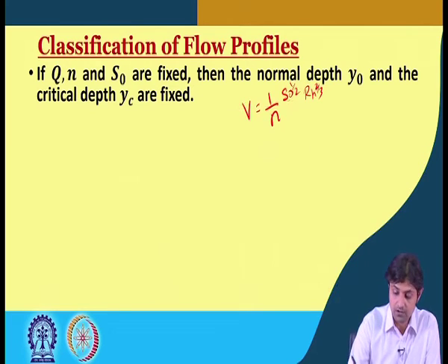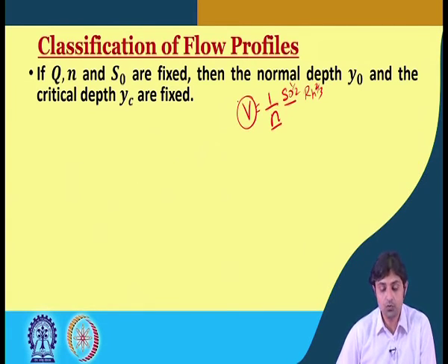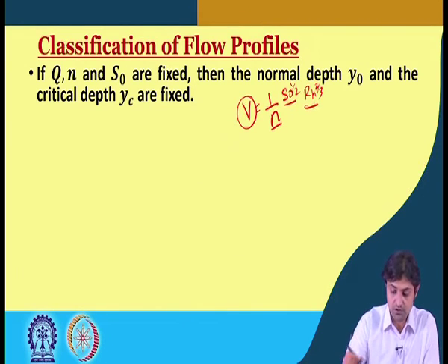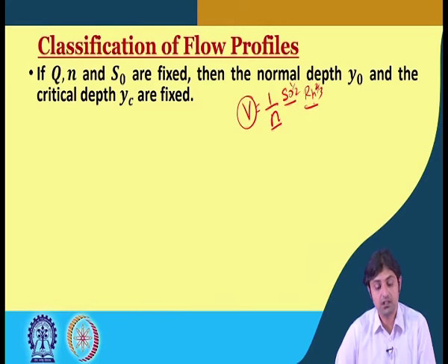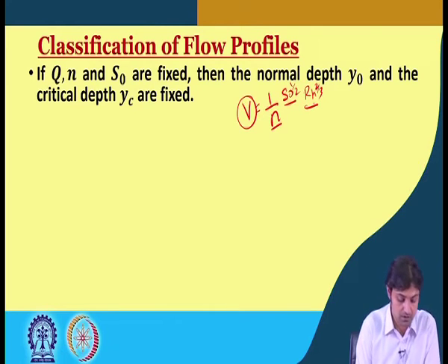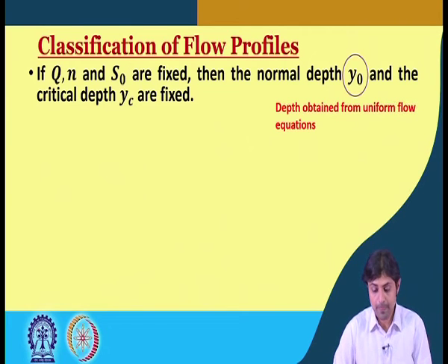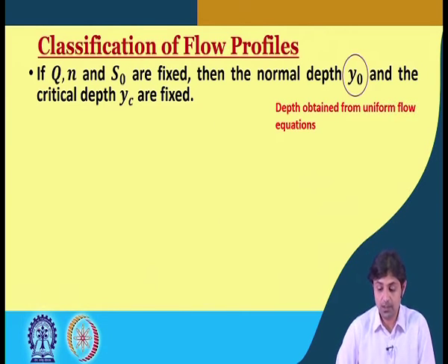S naught is fixed, n is fixed, and V is there, then Q, depending upon the cross section, Q by A is also going to be fixed. So the normal depth Y naught and the critical depth Y c are also fixed if we know all these three values. The depth Y naught is the depth which is obtained from the uniform flow equations.